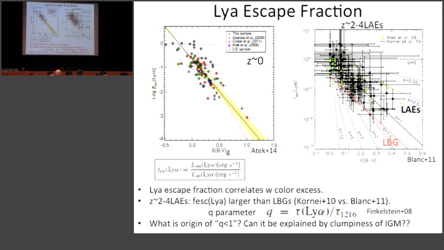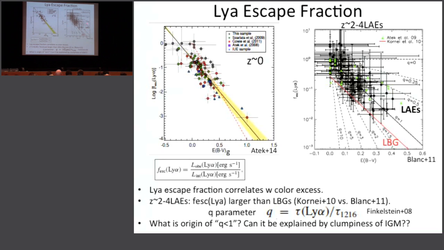But if you have more Lyman-alpha emission, then Q is less than unity. This dashed line shows the changing Q values, and here is the unity of Q. Maybe it has a large scatter, but for some of the sources the distribution is skewed toward smaller values of Q.